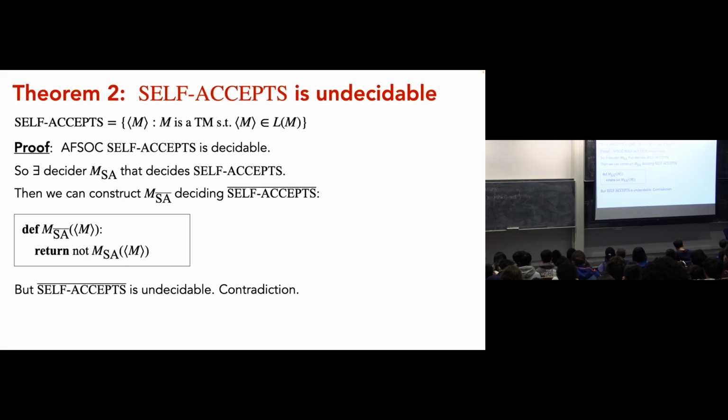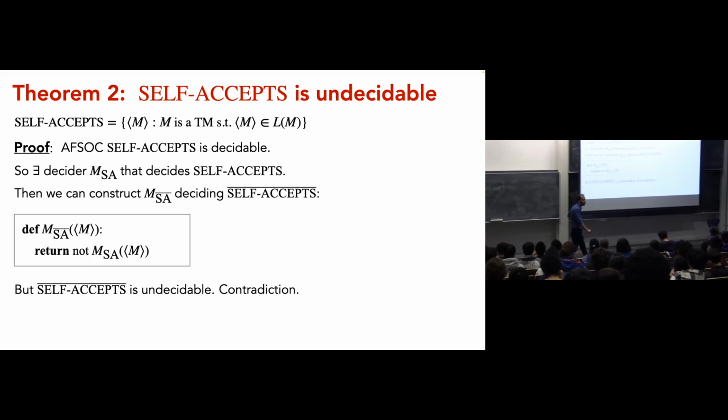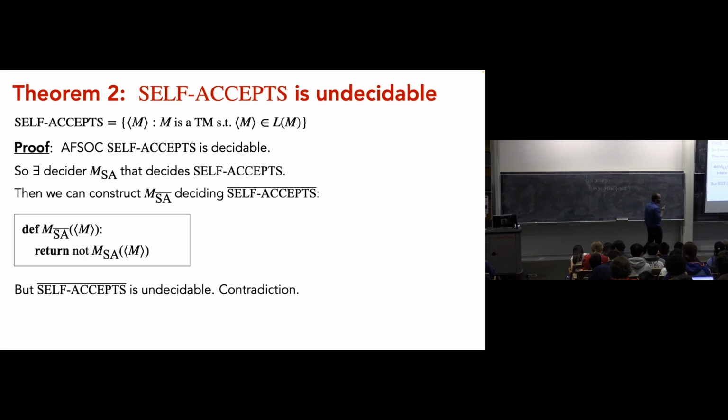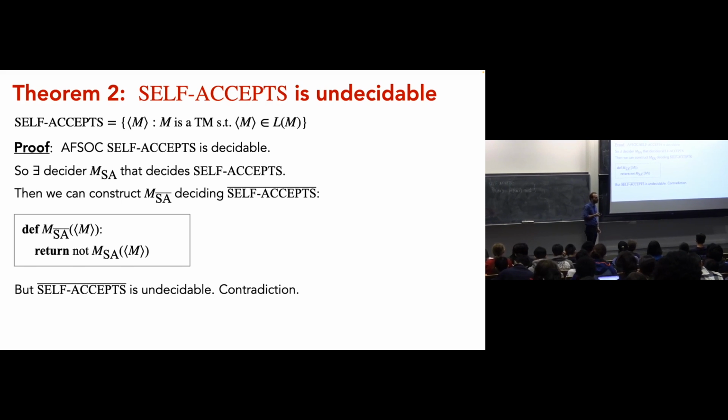Okay, so now we have two undecidable languages in our pocket. Let's keep going. What would be a natural next problem to consider when we want to show it's undecidable? What's a problem related to self-accepts?